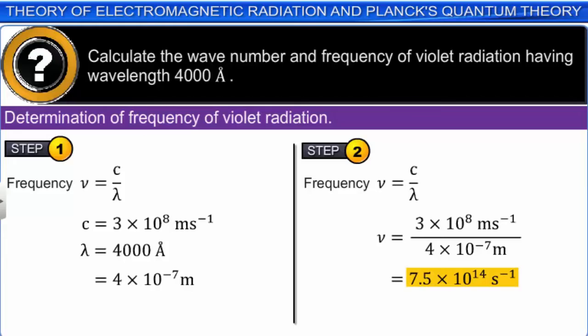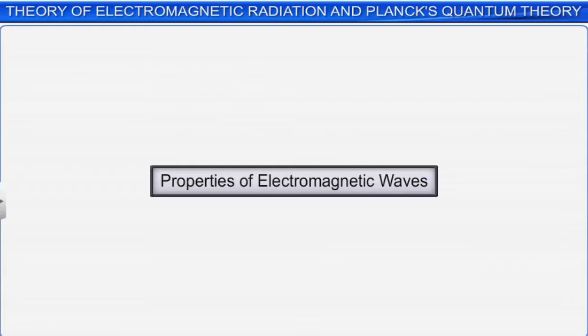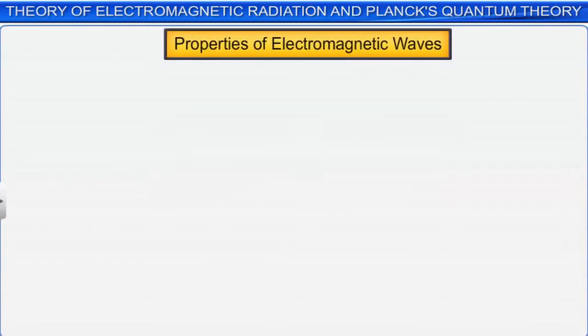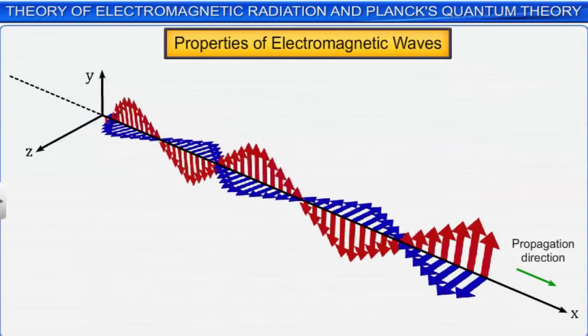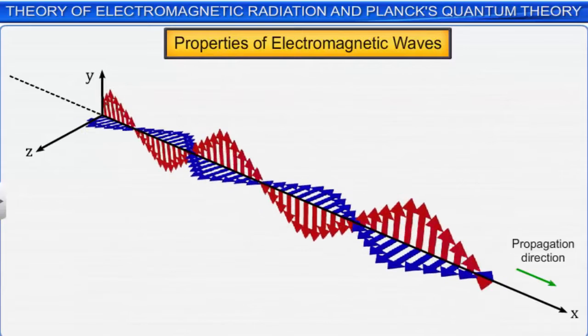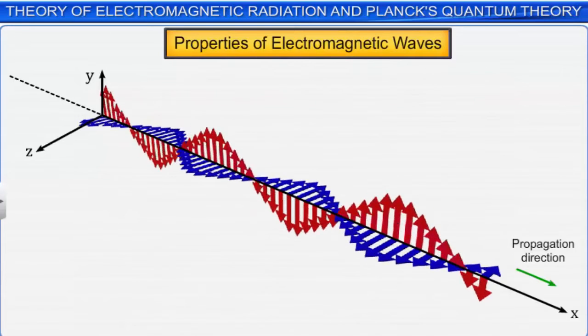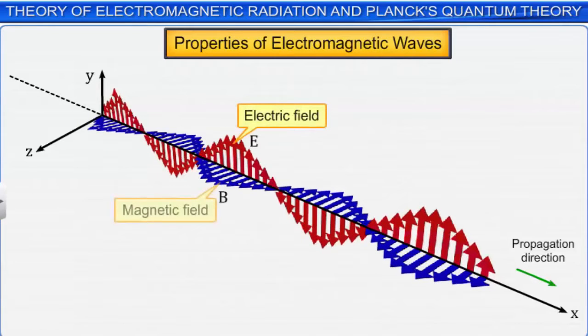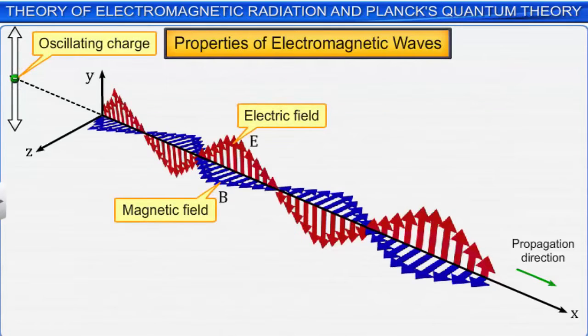Now let's look at certain key properties of electromagnetic waves. Electromagnetic radiation, as shown, is a form of energy that consists of alternating electric and magnetic fields produced by oscillating charged particles, which are perpendicular to each other and to the direction of propagation of radiation.